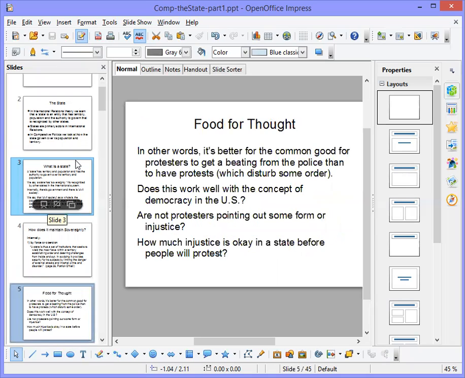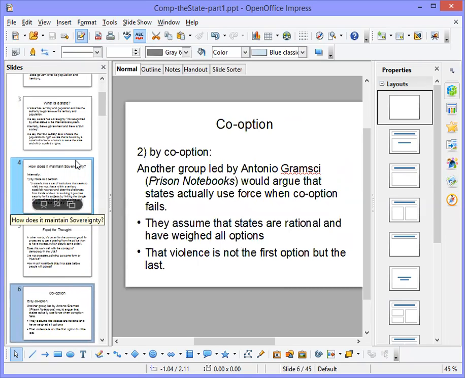So we can question what use of force by the state implies if we live in a democracy. Really, can the state have this kind of force? So, co-option. Other people said, look, this idea of using force is very interesting. But if you constantly use force, then you're really begging for the population to rise up and destroy the state, have a civil war and challenge the very existence of an oppressive state.